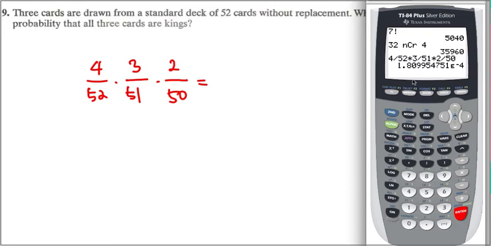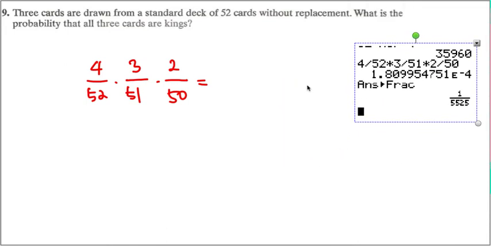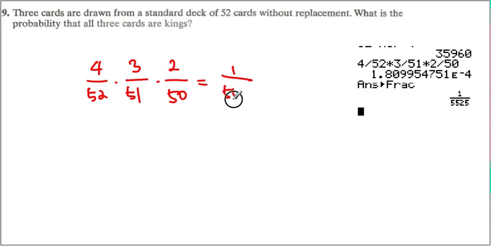Alright, and that's what we end up getting. If you convert that into a fraction, that becomes 1 out of 5525. That becomes our answer.